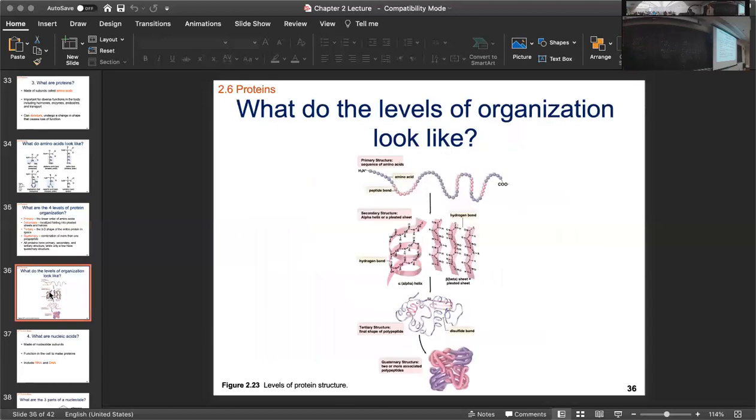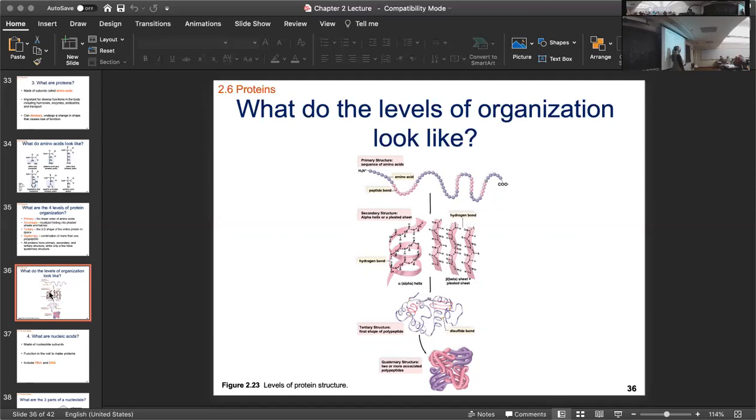Let's talk about that in more biological terms. This is that beads on a string. These little dots here are the amino acids. They are bound together by peptide bonds. This is a primary structure. That's that individual paper fiber. Secondary structure is just how it's organized.